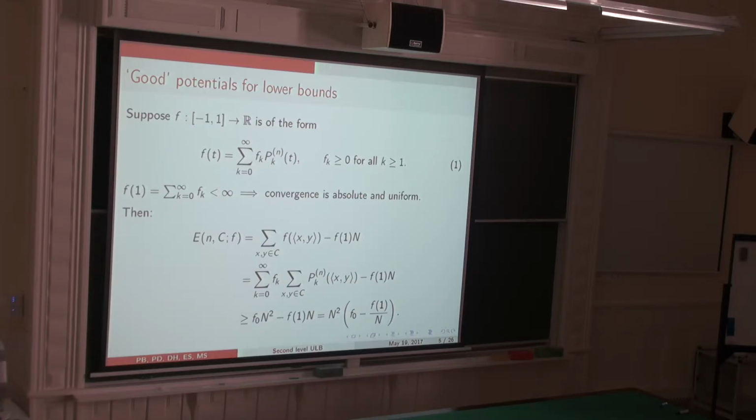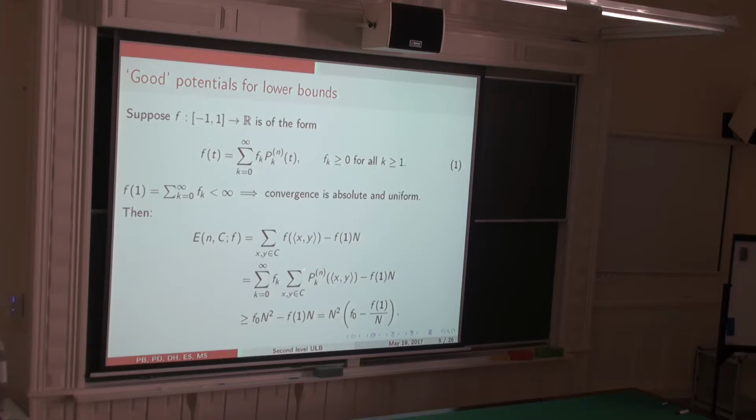Then the energy with h will be greater than or equal to the energy with whatever that f is. And f will be, in general, a series, but in most cases a polynomial, so from a certain point on, all of these f_k coefficients will be zero. So this is how we derive the energy of the code.